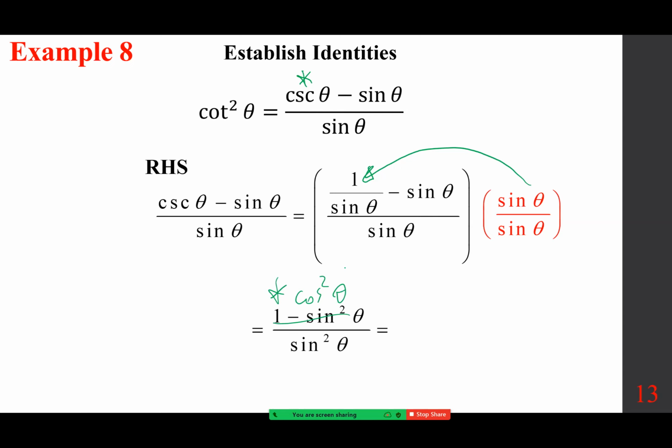Cosine over sine is cotangent. So the answer is cotangent squared. And that is the left-hand side, and it's the proof.